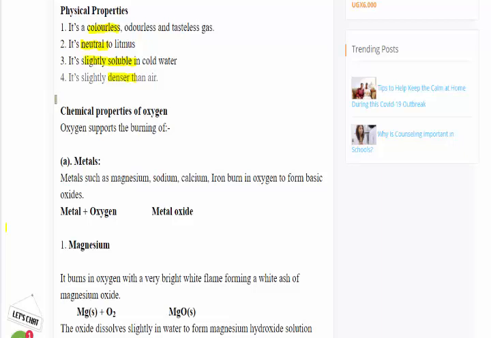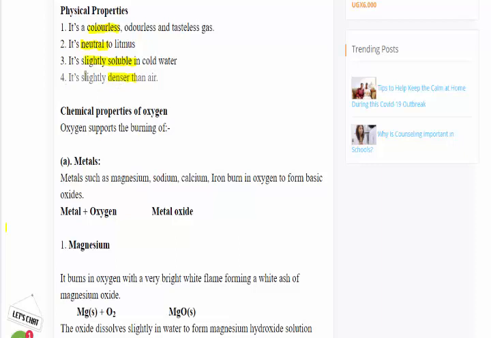A chemical property is associated with a change in the chemical composition of a substance. For example, change of matter into another form. For example, the toxicity, acidity, ability to burn, and also reactivity. Let's discuss some of these chemical properties.